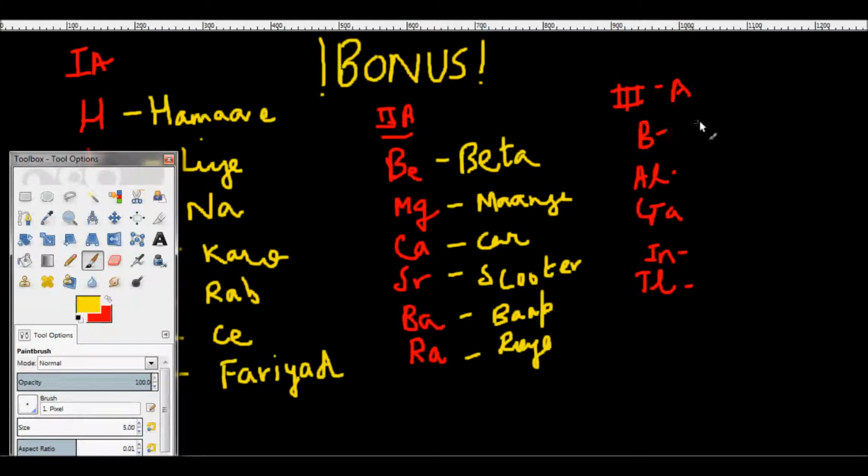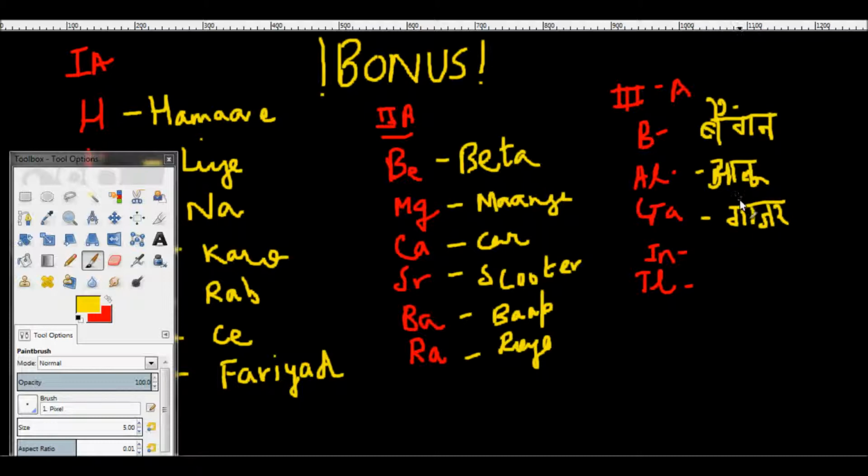Now how I remember this is really easy. Let me write this in Hindi. It's bangan. Or let's just go to vegetables in it. Bangan, aloo, gajar. Gajar means carrot, aloo means potato.